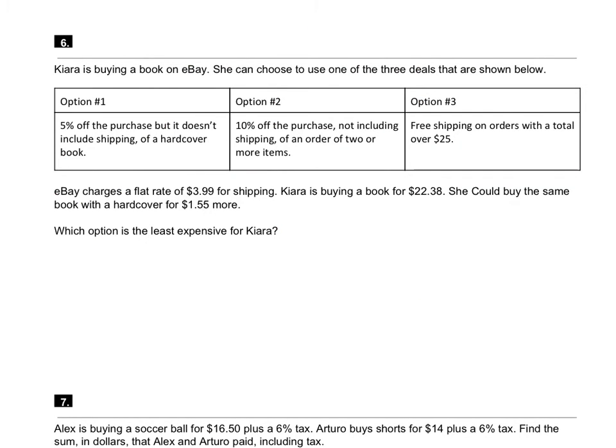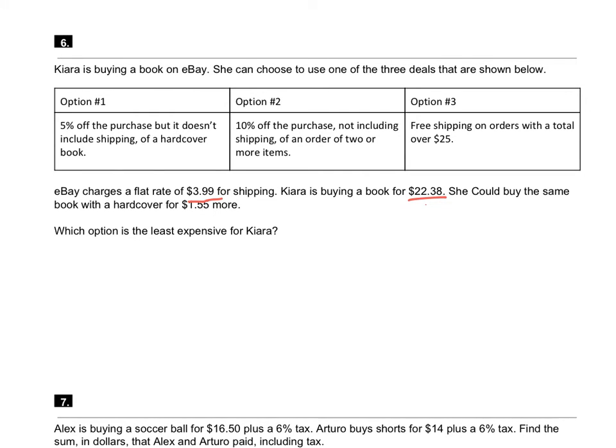For this problem, you're checking which offer is better for Kara. So the first option, it tells you the $5 off, but it does not include shipping. So you need to pay for shipping of a hardcover book. So that is your first option. So let's do the math for option 1. We know that the shipping is $3.99, and then the book is $22.38.